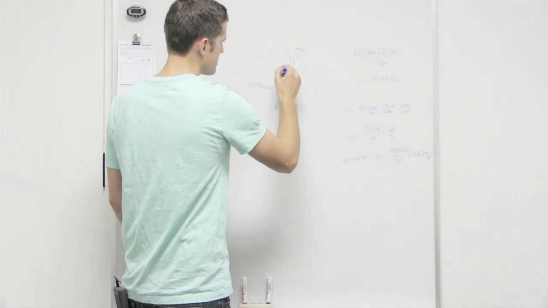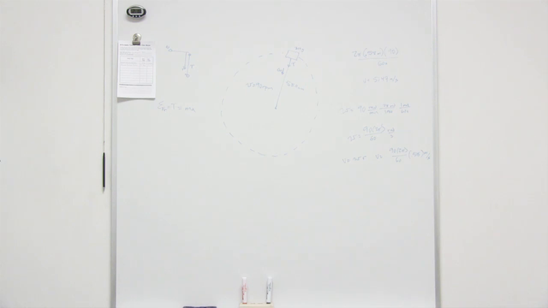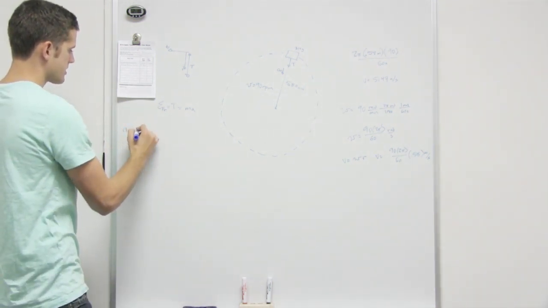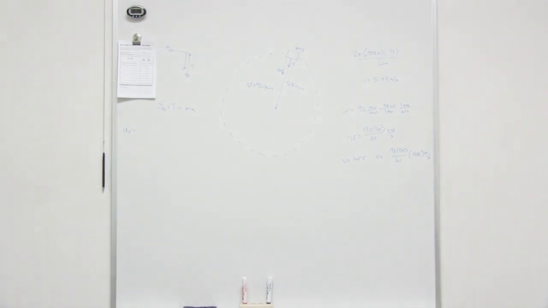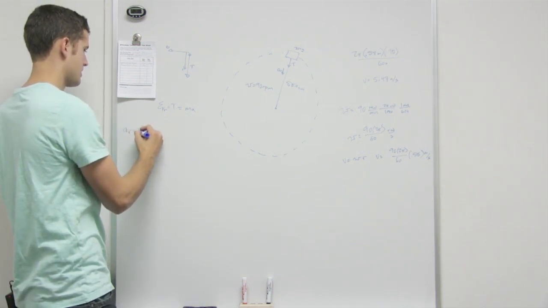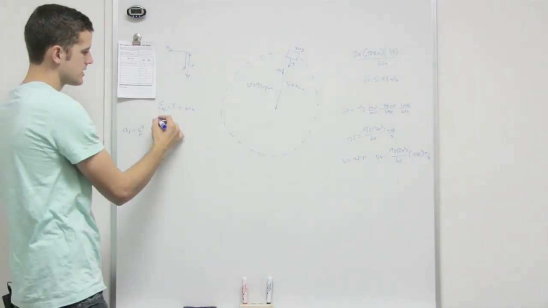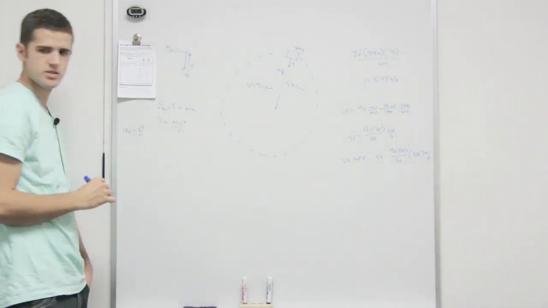Since this is moving in a circle, it has centripetal acceleration. Do you remember the equation? I don't, I have it written down somewhere. It's v squared over r. So T is going to be equal to the mass times v squared all over the radius.